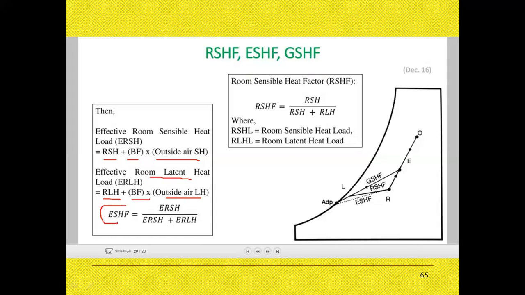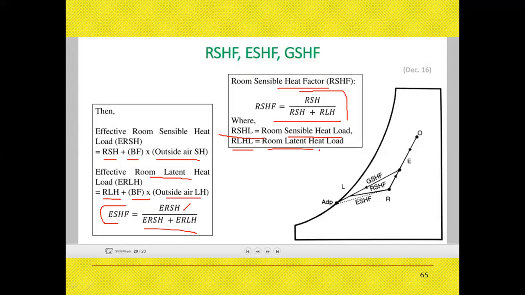Now the ESHF is equal to ERSH divided by ERSH plus ERLH. Now the room sensible heat factor RSHF is equal to RSH divided by RSH plus RLH. RSHL is the room sensible heat load.